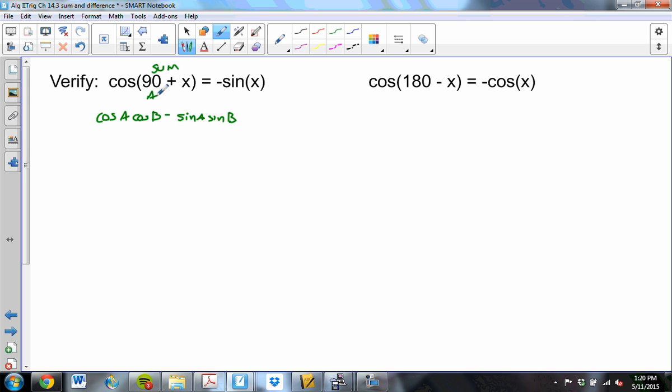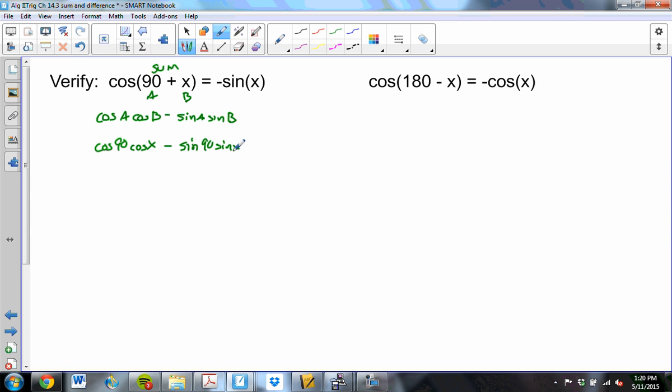In this case, that's my A and that's my B, so I'm really doing cosine 90 cosine x minus sine 90 sine x.